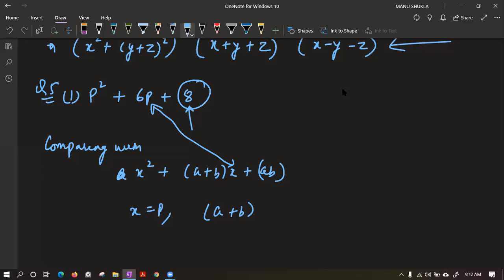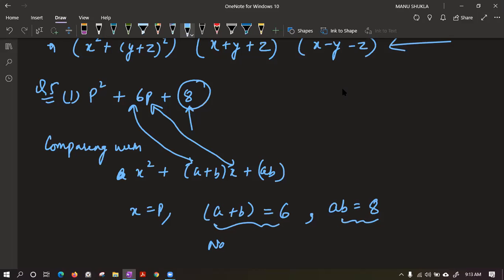Only 6 is the value of a plus b, the constant part. So a plus b is 6. And what is the value of ab? Okay, Aryan is giving the answer. ab is 8. Now we have to think from these two equations, what is the value of a and b?